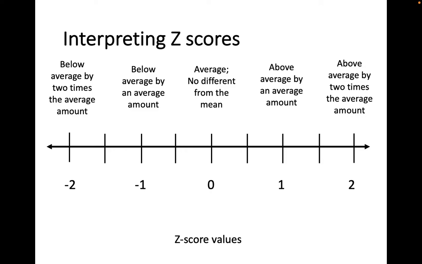So the closer to 0, the more average that score is, or the closer to average, and the further away from 0 in either direction, the more that score differs from average. So a z-score of positive 0.5 means 1/2 of a standard deviation above the mean.